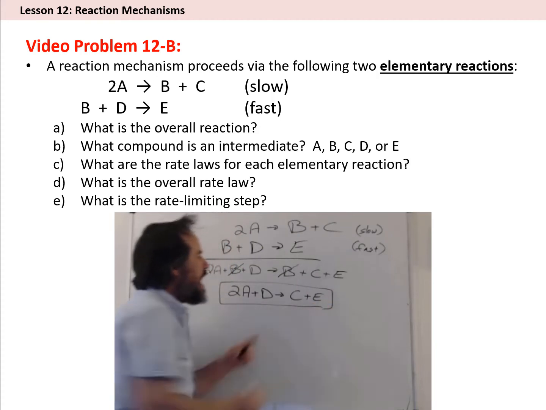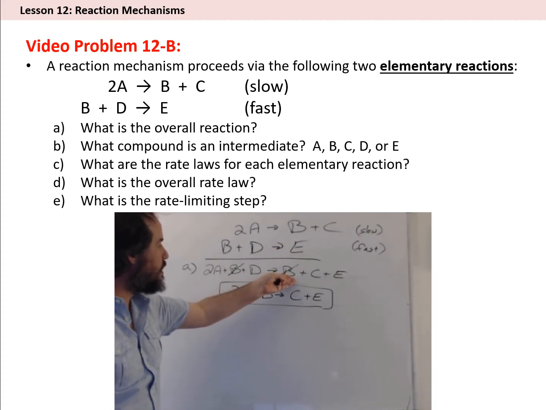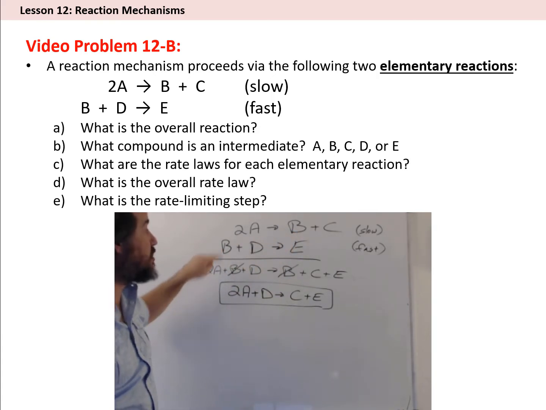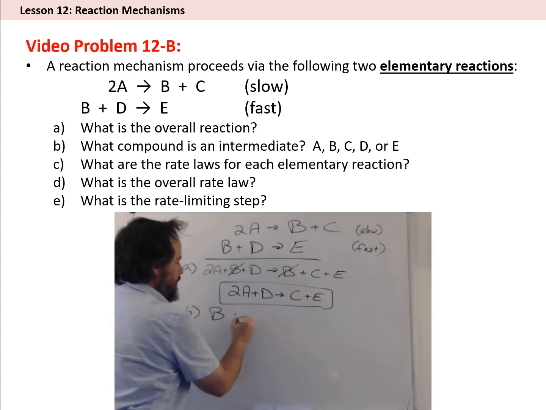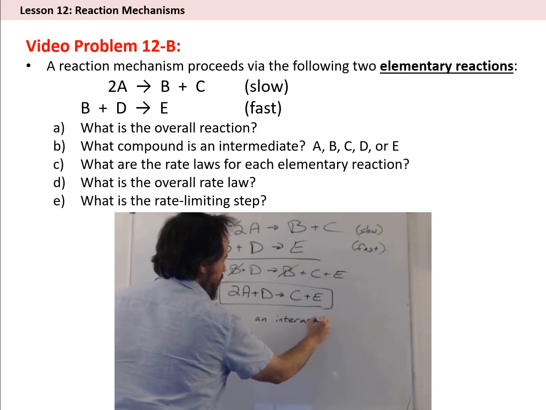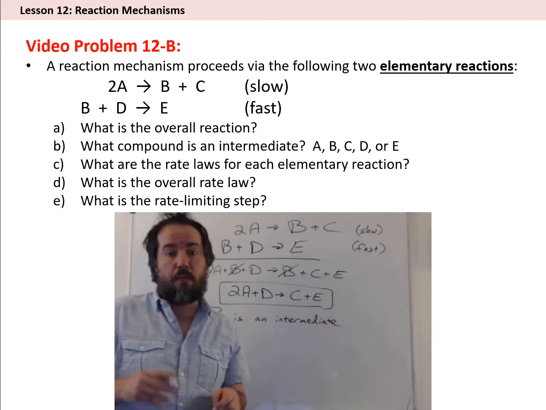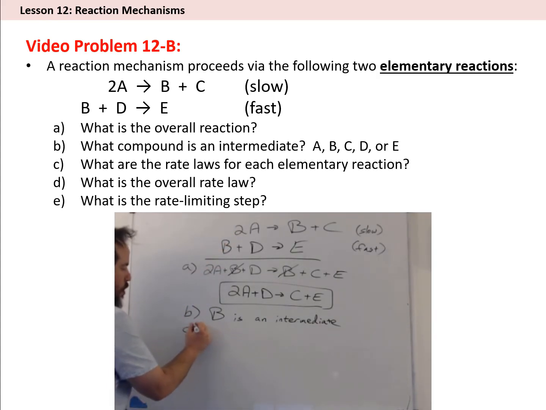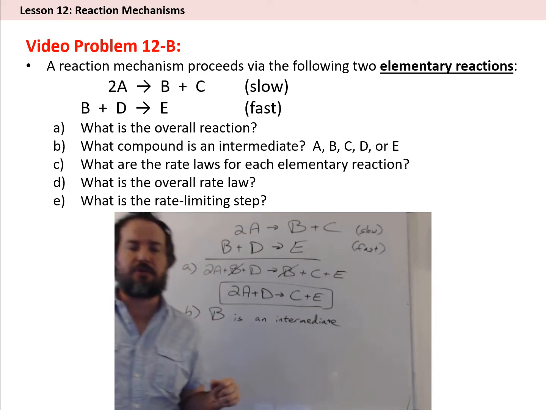All right? We have a special name for something that gets formed in one step and then gets removed in the next. This is called an intermediate. Right? B is an intermediate. Okay, what are the rate laws for each elementary reaction? Well, because they're elementary reactions, remember what an elementary reaction is?